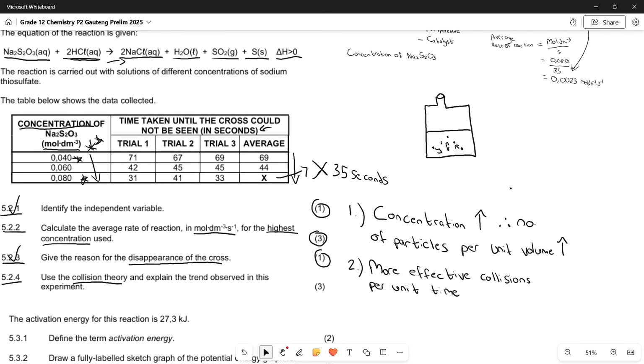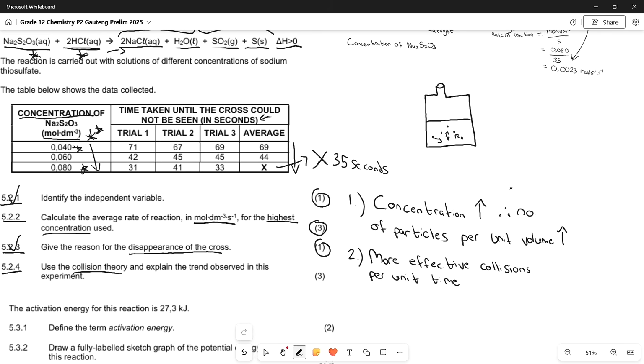That's what the effective collisions are about for collision theory. As the reactants collide, the Na2S2O3 and the 2HCl, we end up forming these products. And now because there are more particles, there'll be more effective collisions colliding together in order to form those products.